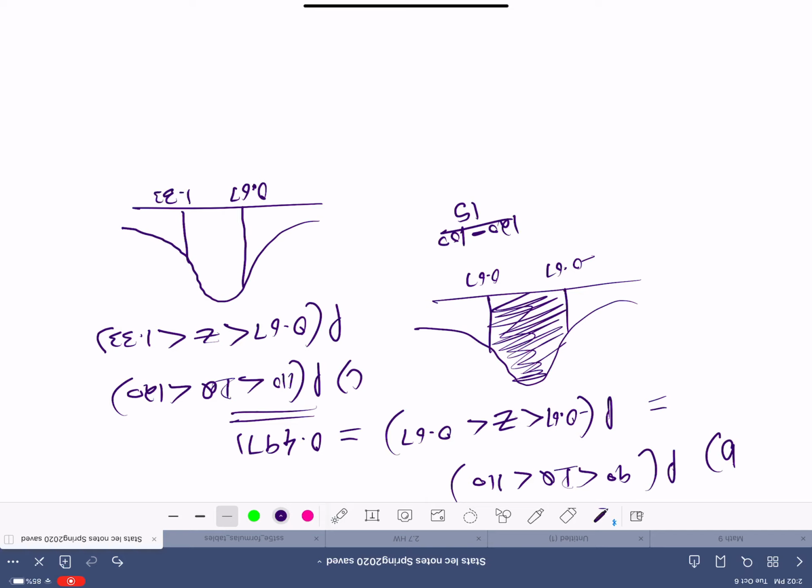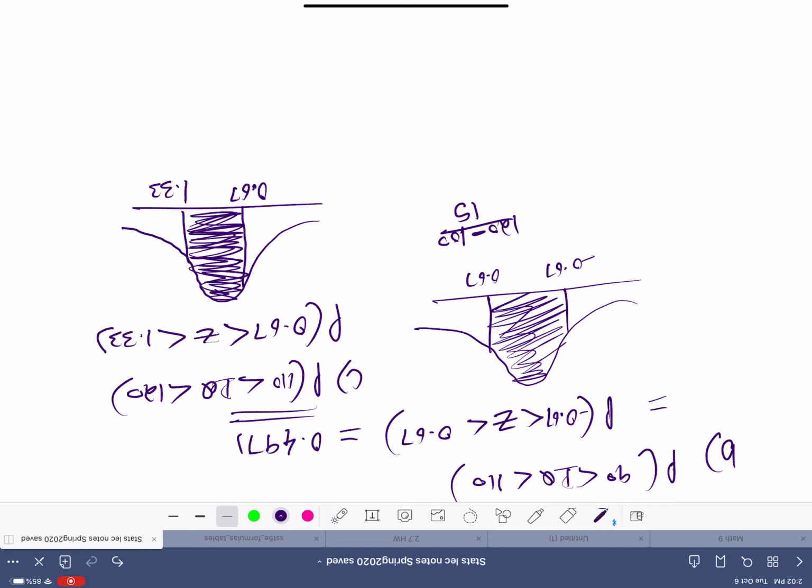I'm just estimating where they are. Again, you can use a calculator, or find both the areas from the table and subtract. I'll use the calculator: plug in the lower bound, 0.67, and the upper bound, 1.33, and I'll have the area in the middle.